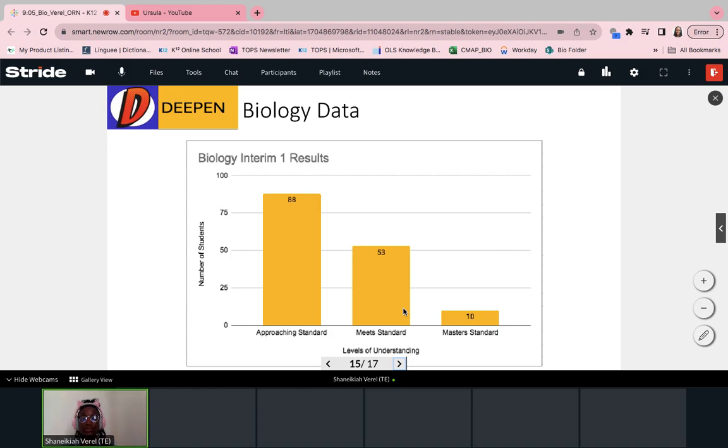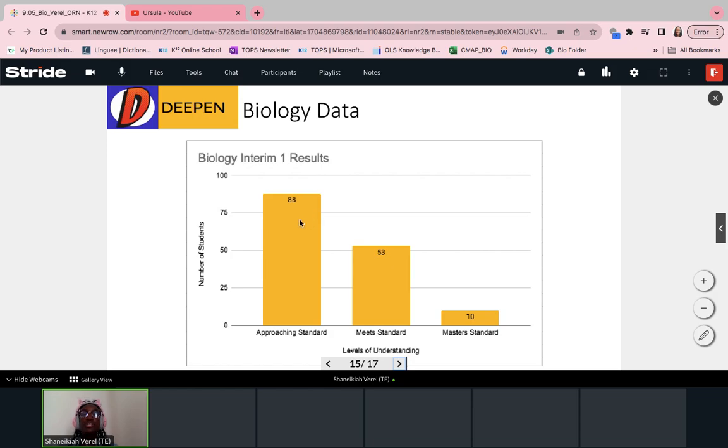Royal's class. The beautiful news is 88 of us are at approaching the standard.